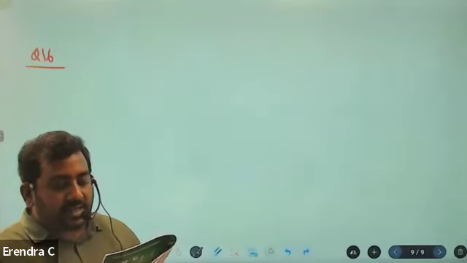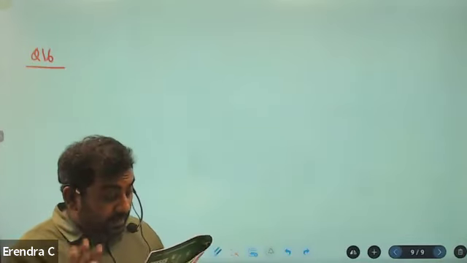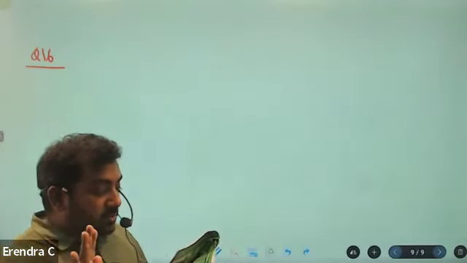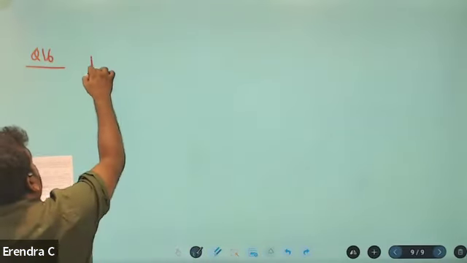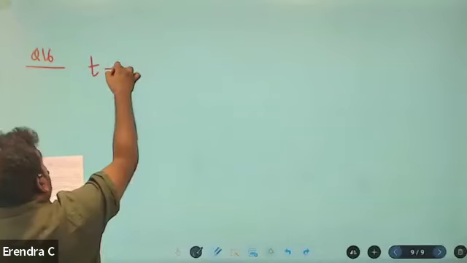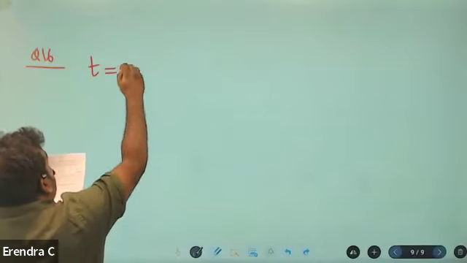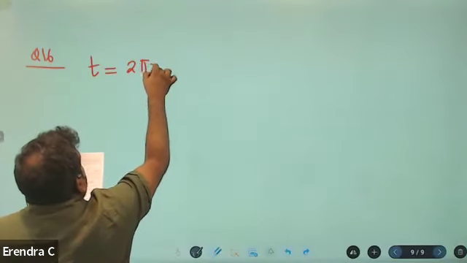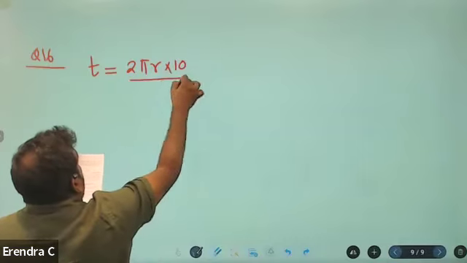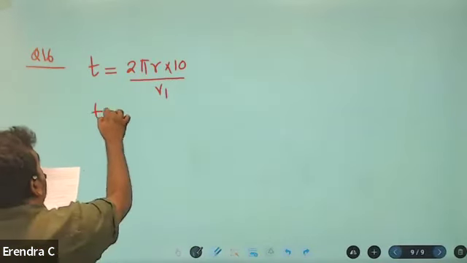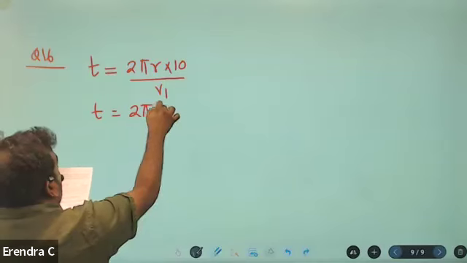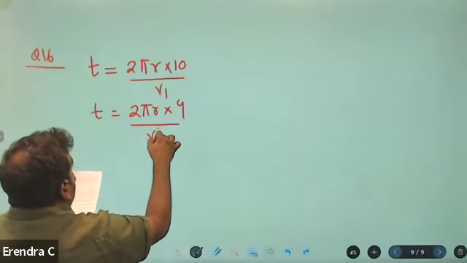It has been observed that the athlete with velocity V1 completes 10 rounds while the other athlete completes 9 rounds. So the time taken is the same. Time is distance divided by speed. 2 pi r is the distance for one round. 10 rounds at velocity V1, and in the same time the other athlete covers 2 pi r, 9 rounds, at velocity V2.